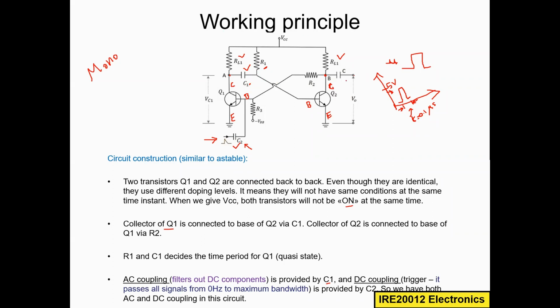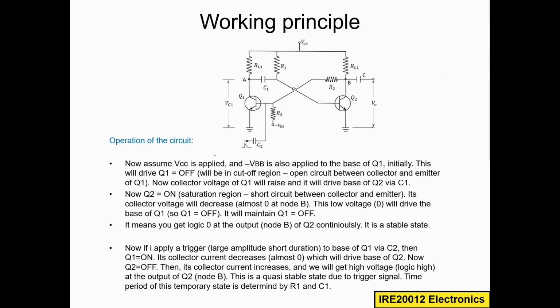Now the circuit construction is finished, and we are applying an external trigger here. So now we will see the circuit operation. Let us assume VCC is applied. We apply the VCC, and also I apply minus VBB to the base of Q1. So this drives Q1 into the off condition initially.